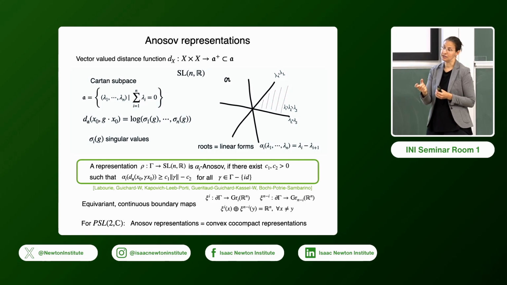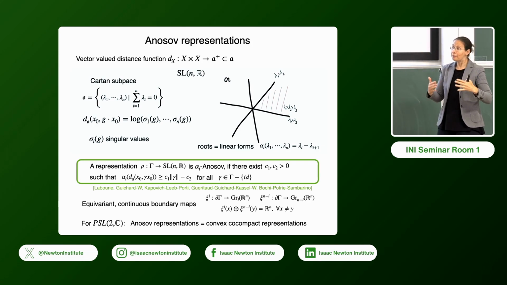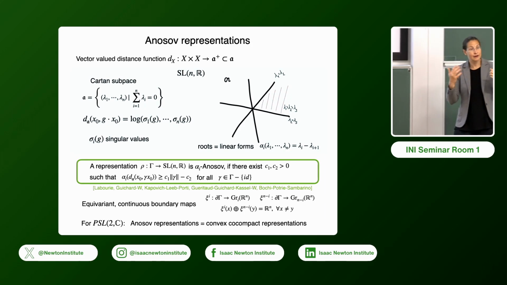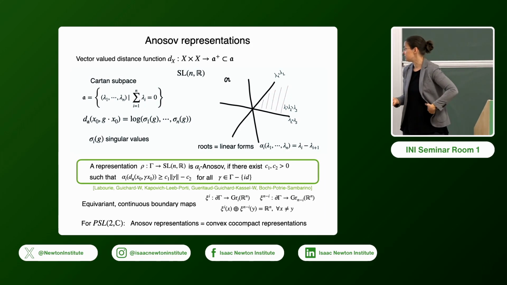They're not just injective, but if I take a point x and a point y in the boundary of gamma, then the ith subspace of x and the (n minus i)th subspace of y are in general position. So it's a much stronger thing than just having an injective map. It's some kind of transversality.